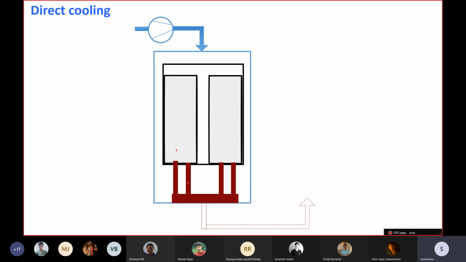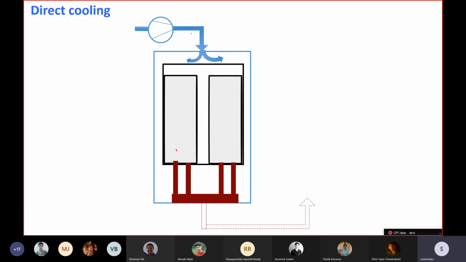Here we wanted to maintain the heat integration, so instead of introducing the reactant gas at the bottom, we introduce it at the top. I will tell you why in a minute.